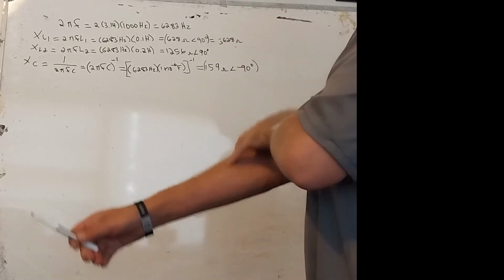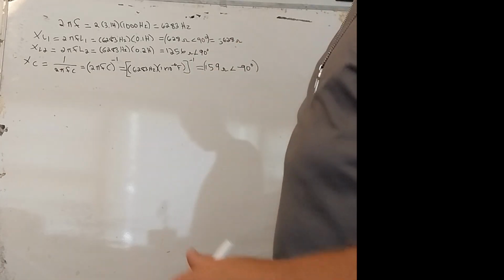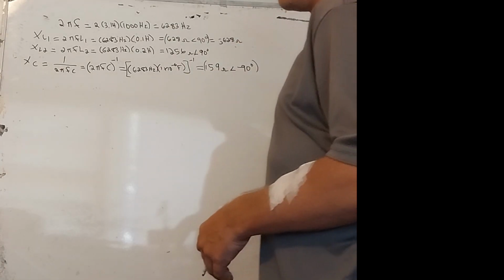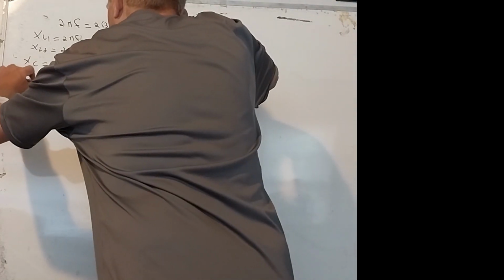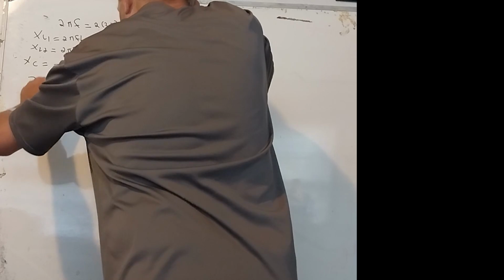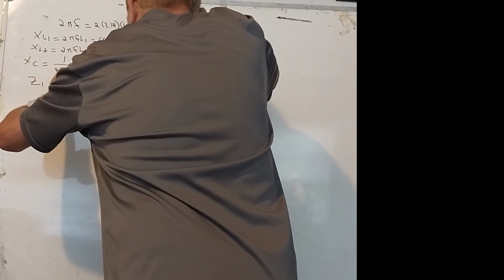Okay. So now that we know what all of our element values are in ohms, we can find the total impedance in ohms. So Z sub 1 is R1 plus X of L1.